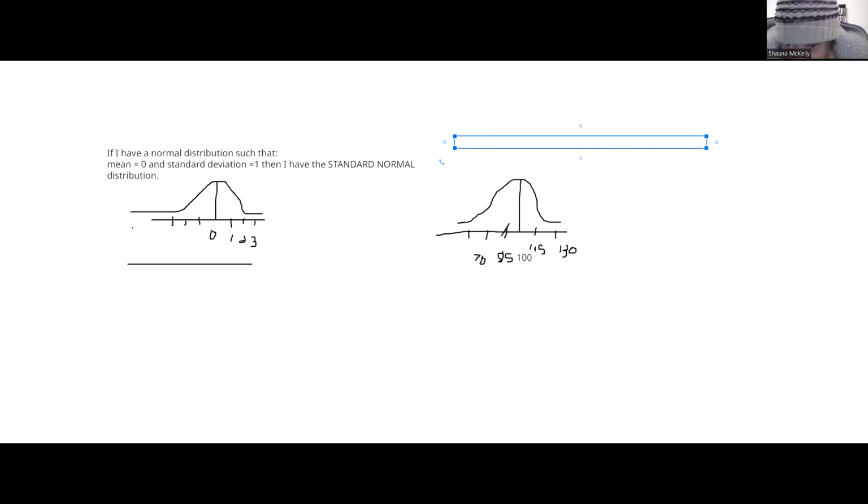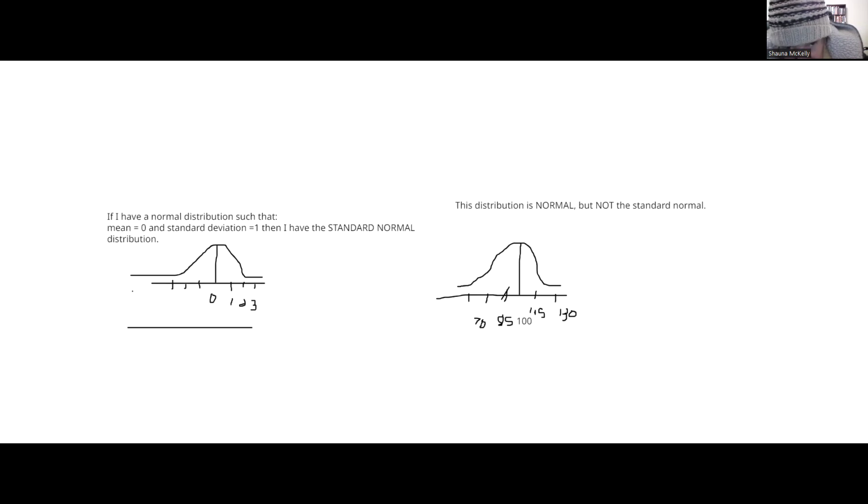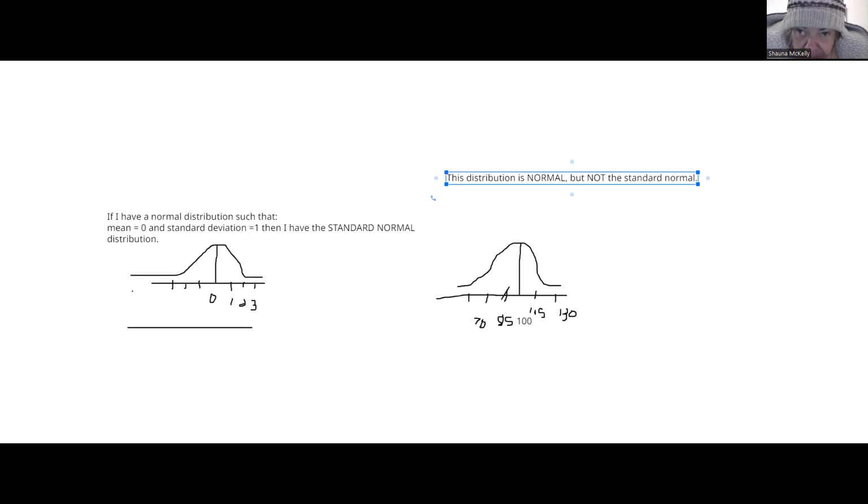And that's the difference. So if you see the words standard normal, which you're going to see in this section, we're dealing with a distribution like the one on the left. If you're dealing with a normal distribution, but it doesn't have standard in front of it, then your mean is another number and your standard deviation is probably not 1.